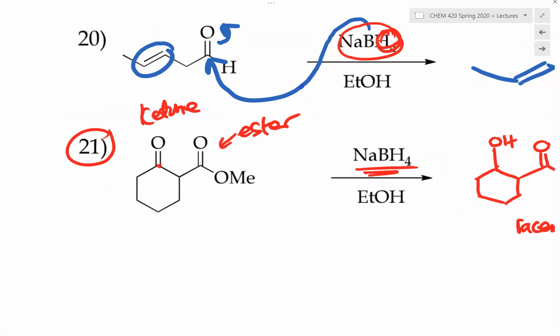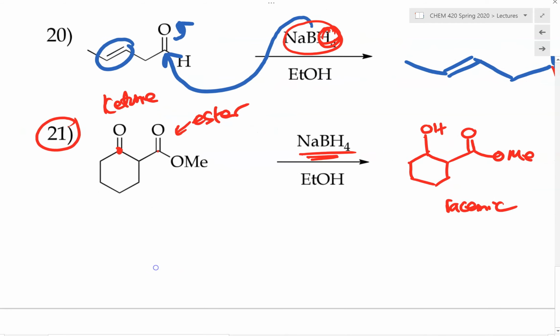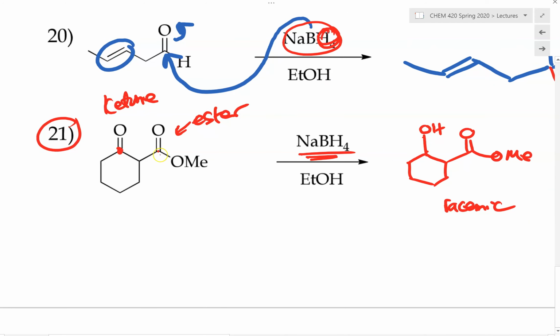And now let's discuss why the ketone carbonyl in this case is more reactive compared to the carbonyl from this ester. If we look at the electrophilicity of these carbonyl carbons, they have different reactivity. All carbonyl carbons are electrophilic due to the partial positive charge on them.